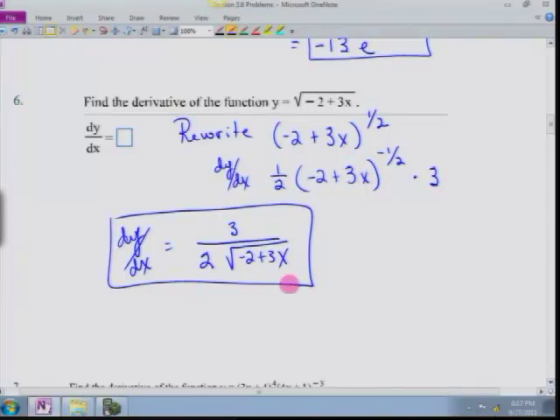And then this would go to the bottom and back into the radical. Good on that one? Whenever you do the power rule, remember you bring that to the front and you take a whole 1 away from the power. So 1/2 minus 1.